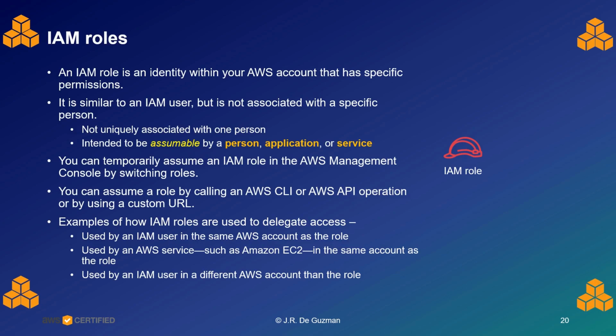You can use roles to delegate access to users, applications, and services that do not normally have access to your AWS resources. For example, you might want to grant users in your AWS account access to resources they don't usually have, or grant users in one AWS account access to resources in another account.